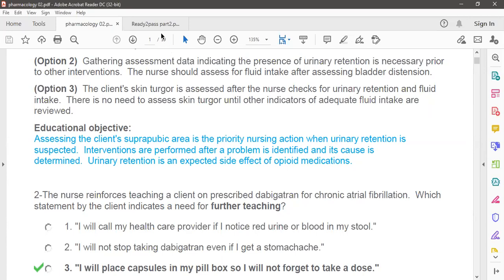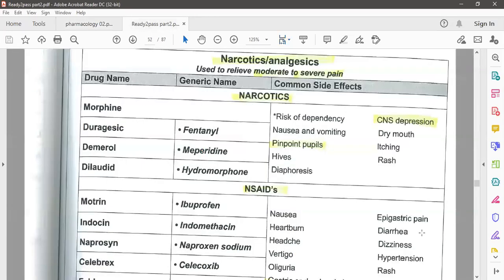As I told you, I am going to share more information about the opioids, what we basically need to know for the board exam. The group of opioids, or another name, narcotics or analgesics, because we use this medication to relieve pain.